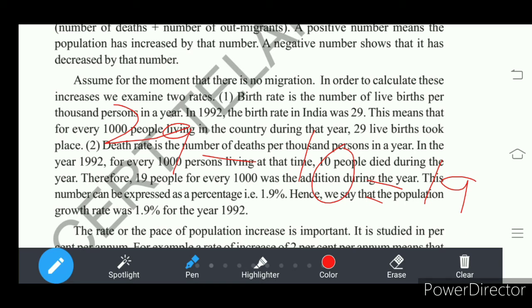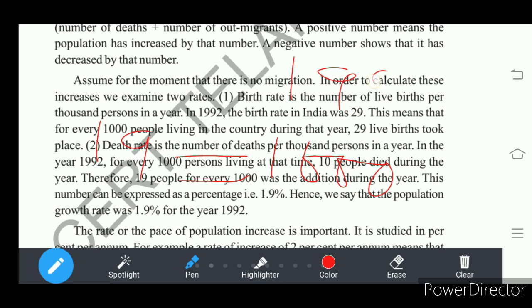That means every year in 1992, for every 1,000 persons, 19 children were added. Understand? 19 children added for 1,000 persons in 1992.